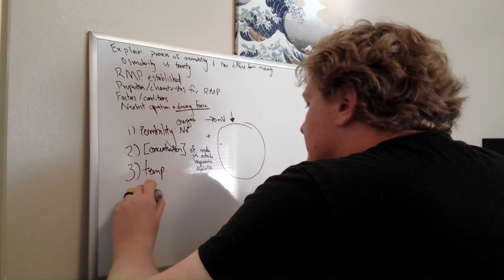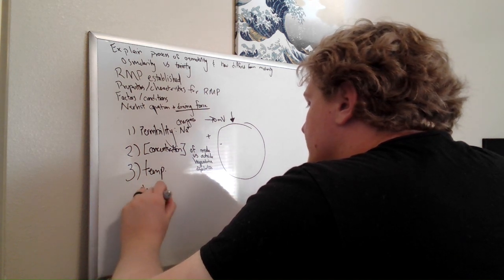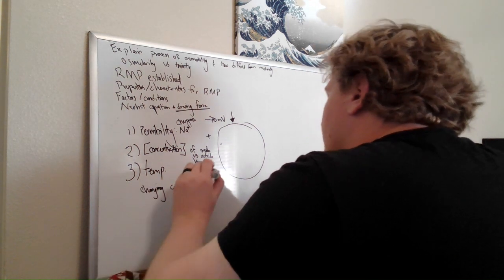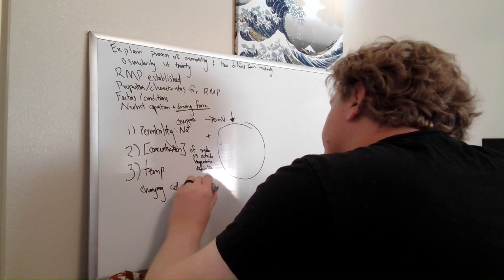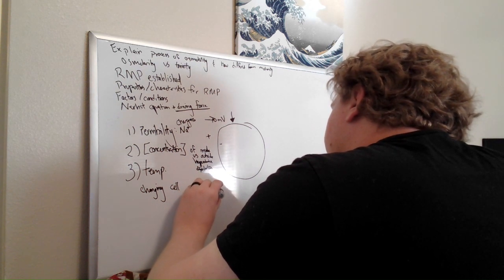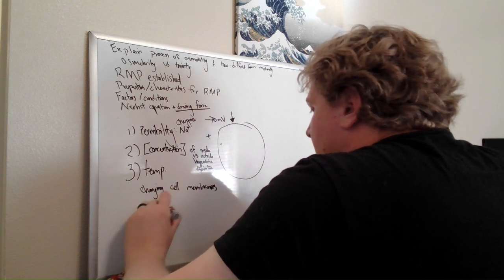Changing the temperature too drastically can cause cell membranes to pretty much fall apart.